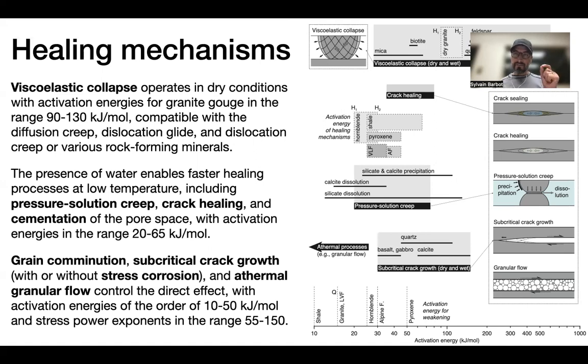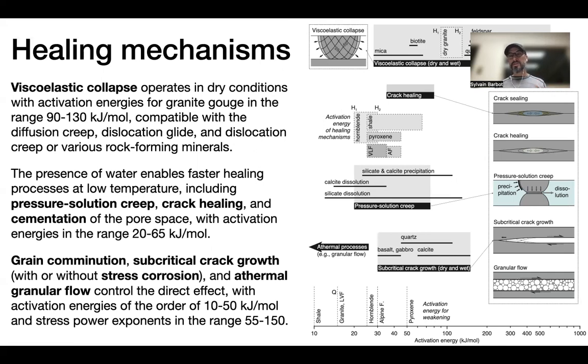The direct effect of temperature, this activation energy Q, is found to be between 10 and 50 kilojoule per mole. So including values between 10 and 15 that are relatively low. So to me, that explains that some of the deformation happens by athermal processes. So processes for which the activation energy is zero.